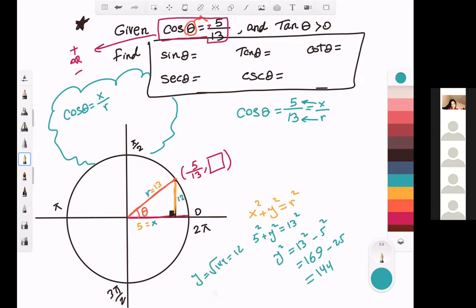So sine of theta is y over r, which will be 12 over 13. Tangent of theta is y over x, which is 12 over 5. Cotangent is x over y, which will be 5 over 12. Secant is reciprocal of cosine, r over x, which is 13 over 5. Cosecant is r over y, which is 13 over 12.